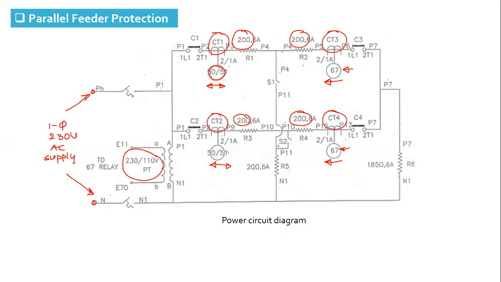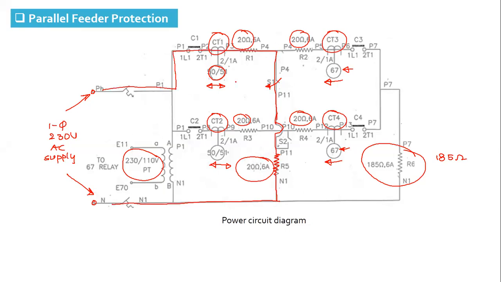Then here is the 185 ohm load, which is connected on these two feeders. This 20 ohm is the fault resistance. When we close switch S1, the fault will be created on line 1, and this 20 ohm will limit the fault current. The purpose of this rheostat is to limit the current.